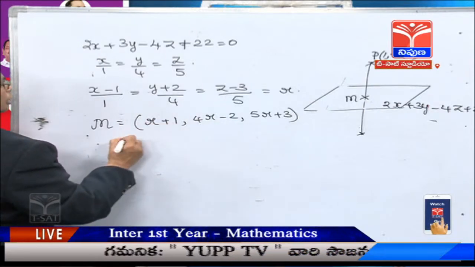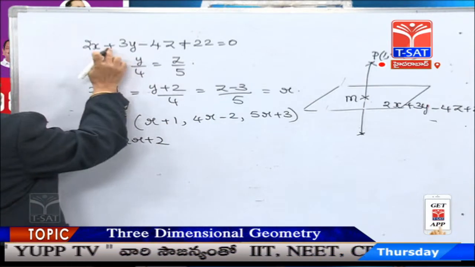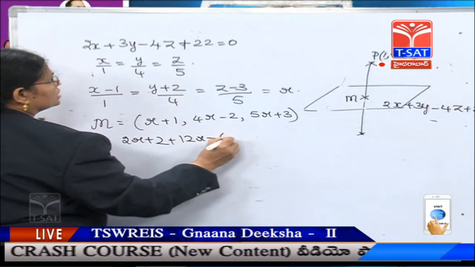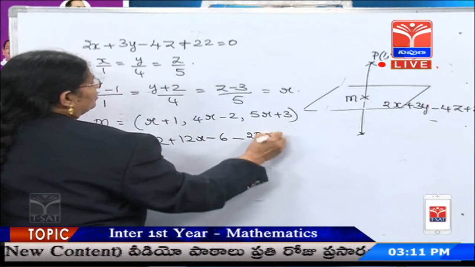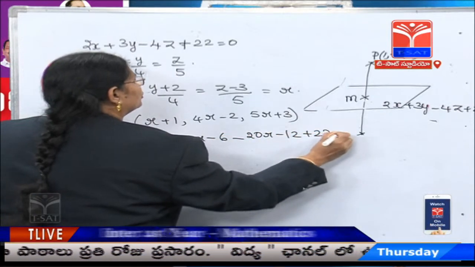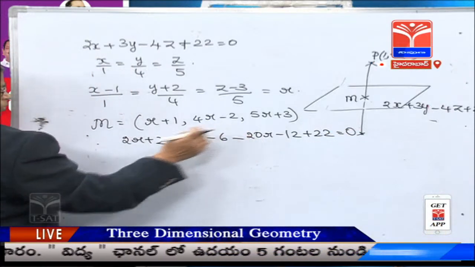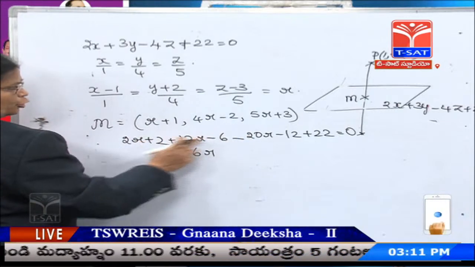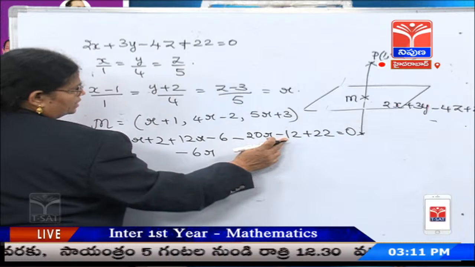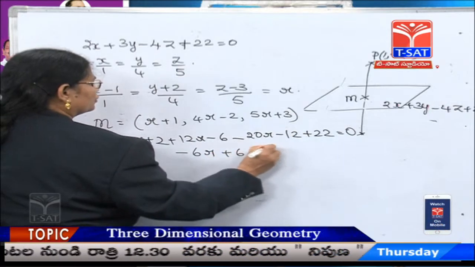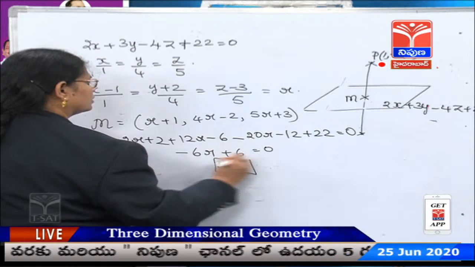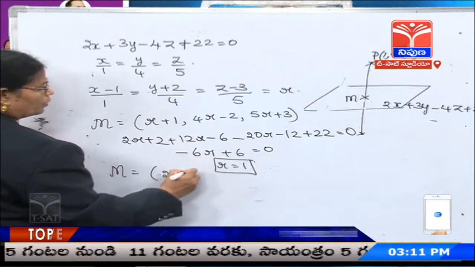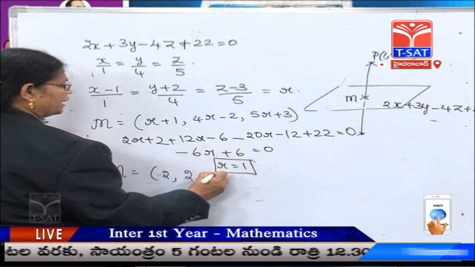Substituting this point in the plane: 2r + 2 + 12r - 6 - 20r - 12 + 22 = 0. Simplifying, -6r + 6 = 0, so r equals 1. So we get the point M to be (2, 2, 8).